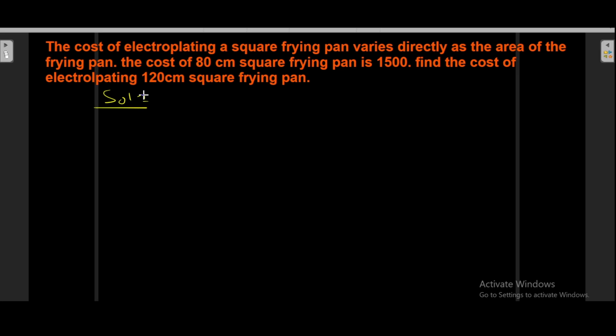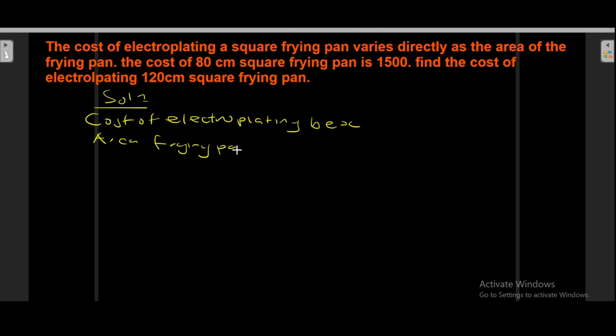If I let the cost of electroplating of a saucepan be C, and also I let the area of this frying pan be A, meaning that in this case they are telling us that the cost of electroplating a square frying pan varies directly. That means that C varies directly to A.